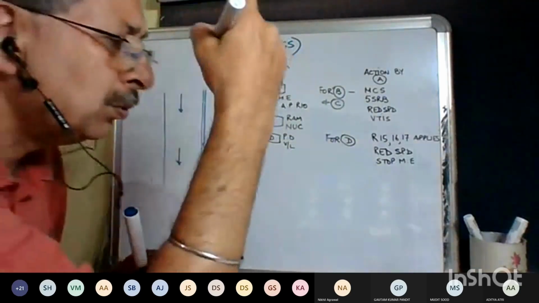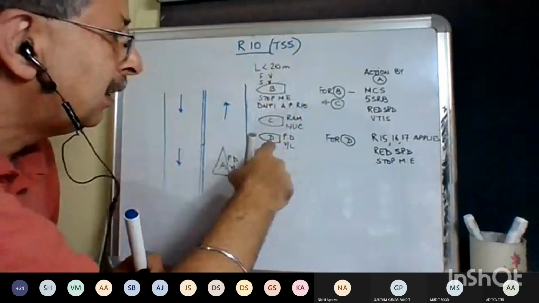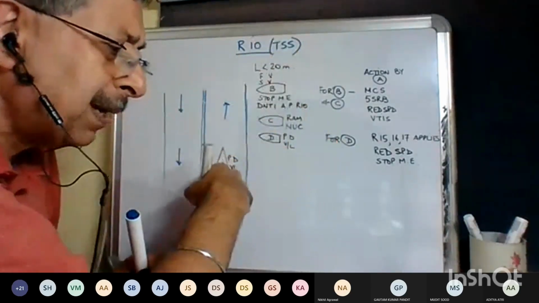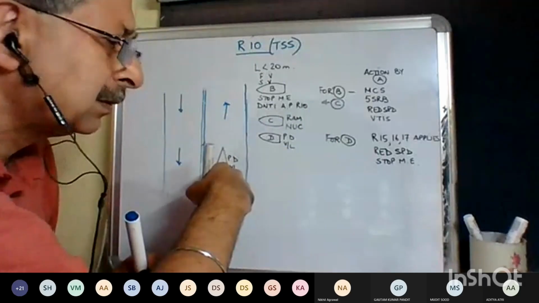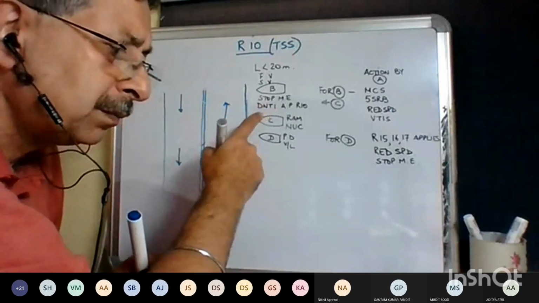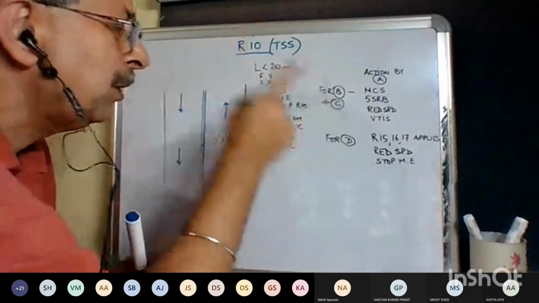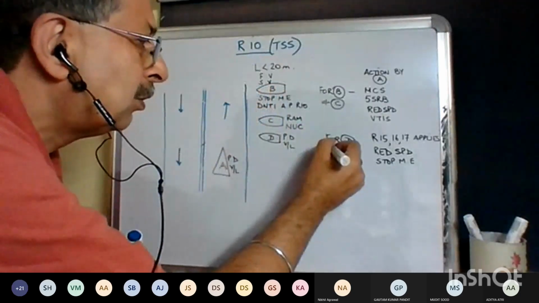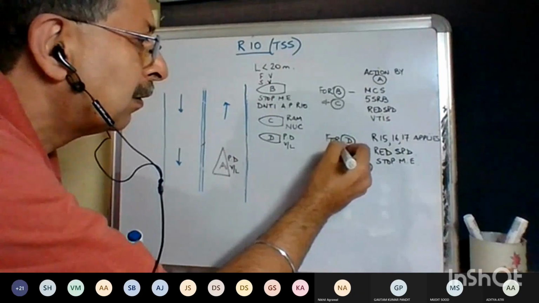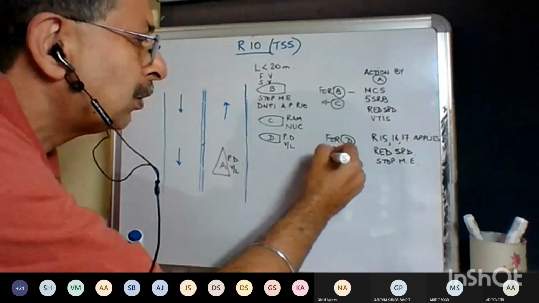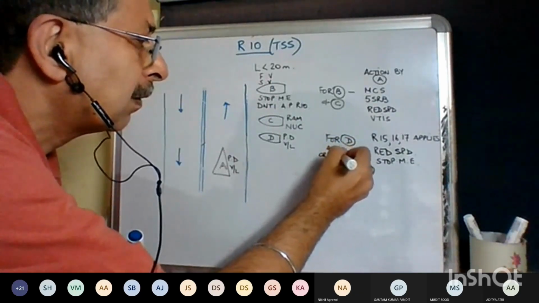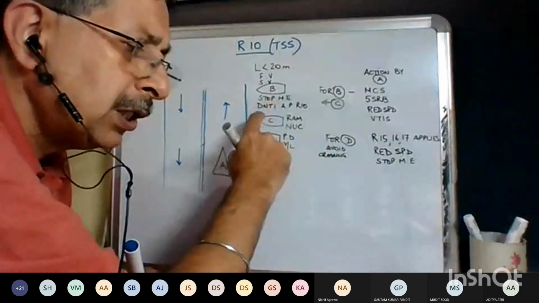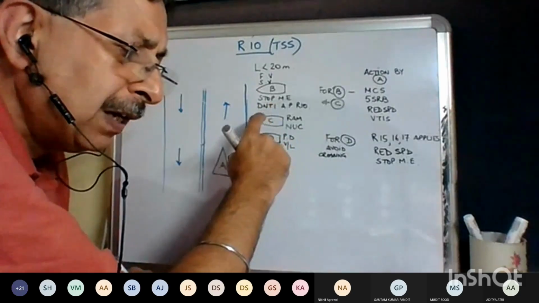What will Delta do? Delta will avoid crossing the passage of Alpha. She has to avoid, so she will also reduce her speed. She should avoid crossing a traffic lane.